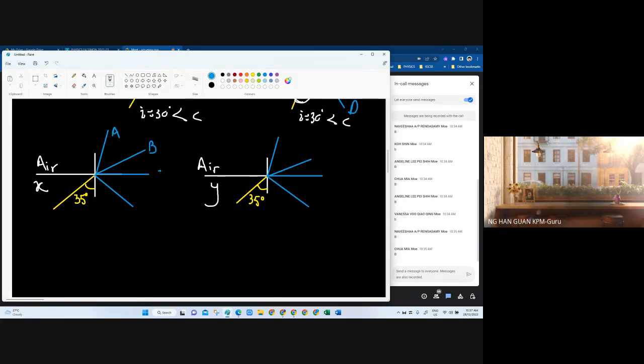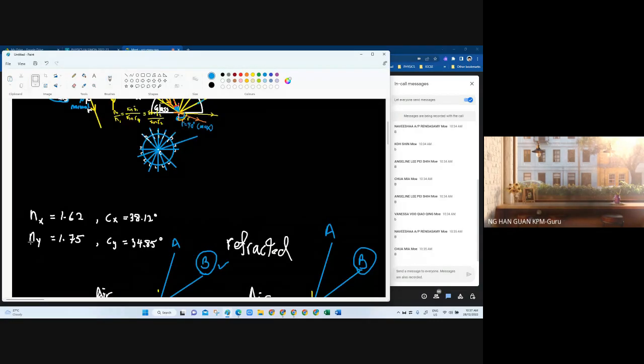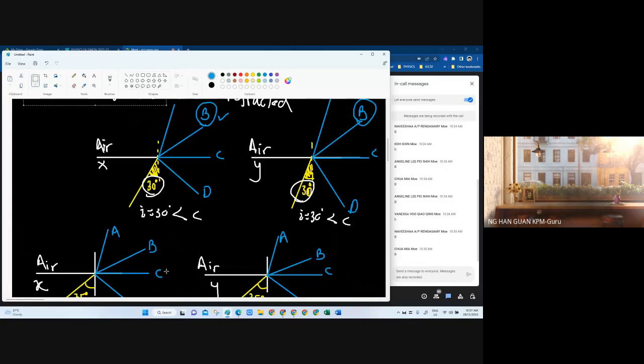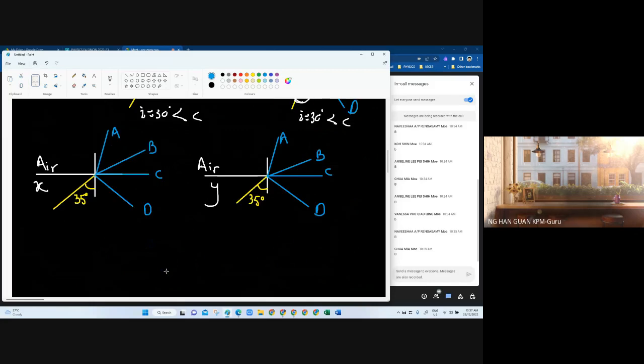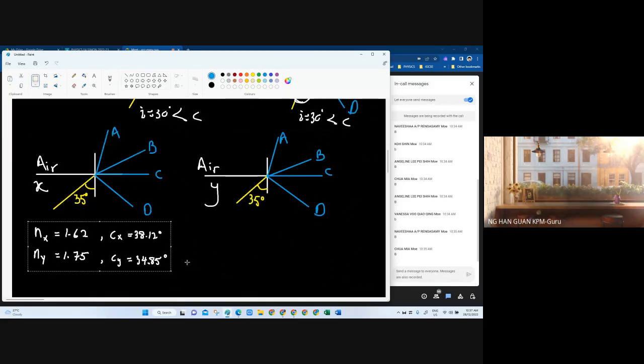A, B, C, D. Okay, so remember just now we already determined based on the diffractive index given, we already know that each medium X and Y has a critical angle.